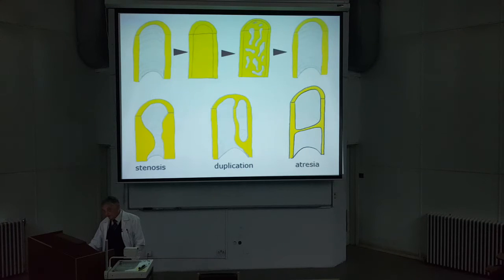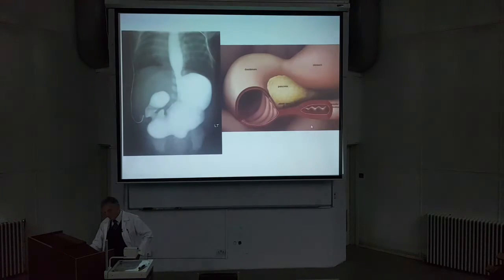Sometimes this recanalization fails at different stages. If it fails half the way, then we have stenosis. If it fails in the center, so we have double lumen. And sometimes it leaves a septum, so we have an atresia or an obstruction.